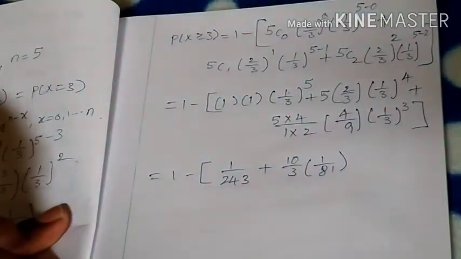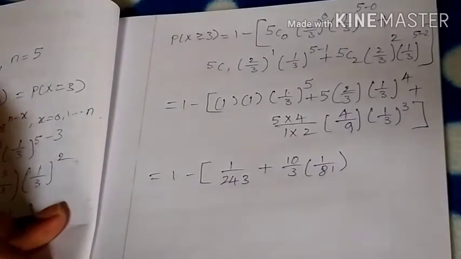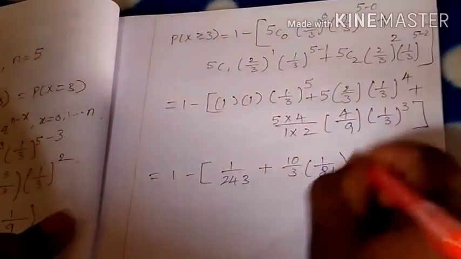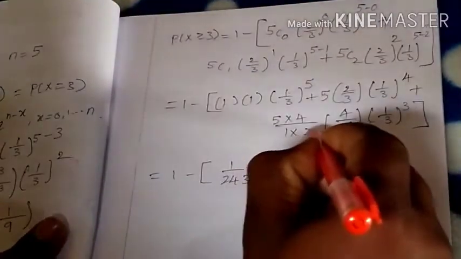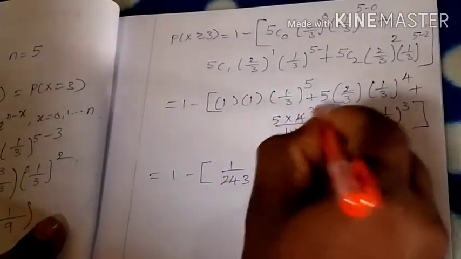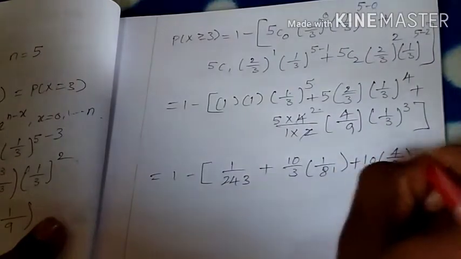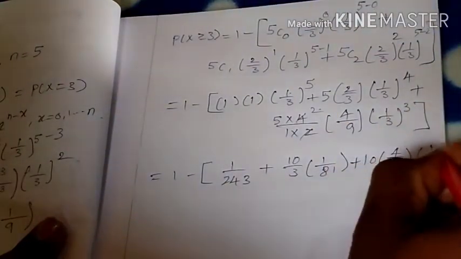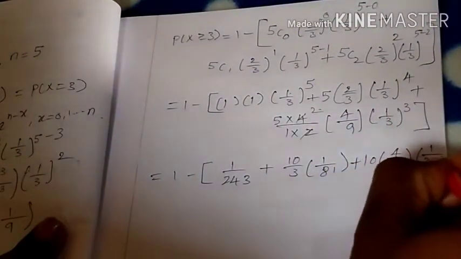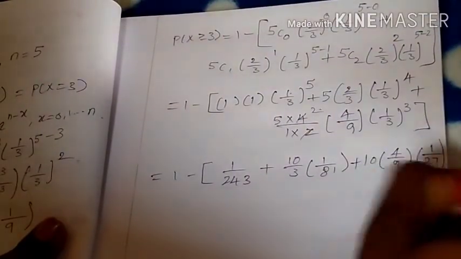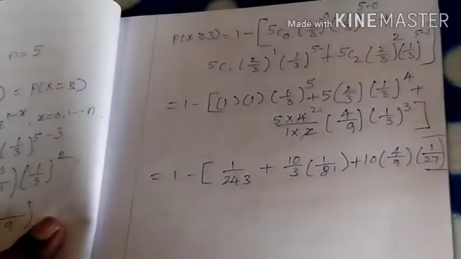Then plus, using the cancellation, 5 2s are 10 divided by 4 by 9, and 1 power 3 means 1 and 3 power 3 is 27. Okay, that's all the simplification.